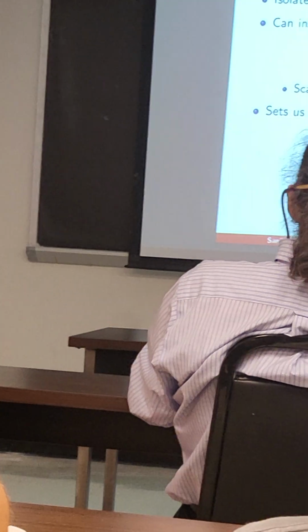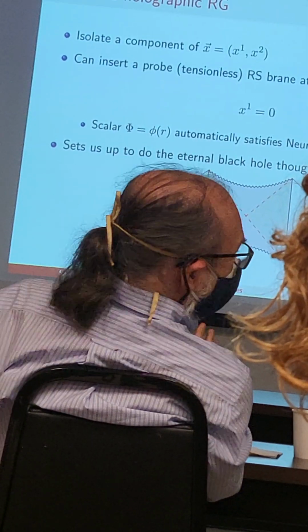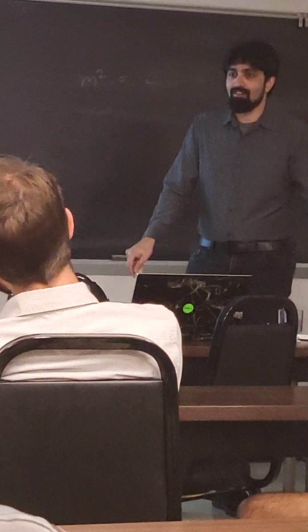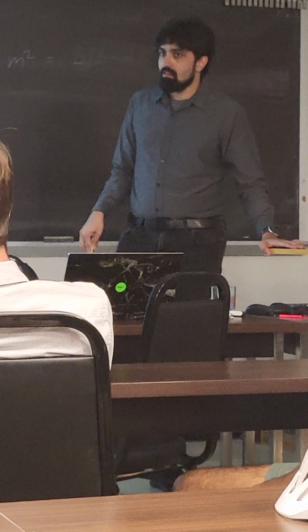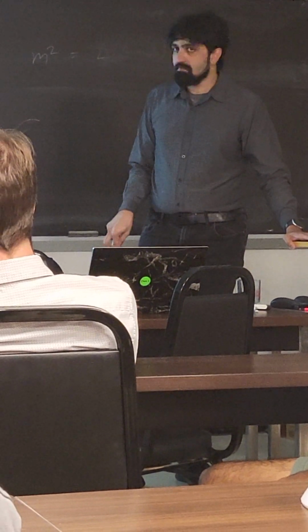In some weird sense, the picture you were flashing towards is just two black holes in equilibrium with each other. Yeah. And the entropy itself is computed by the area of the horizon. That's right. Yeah, exactly.